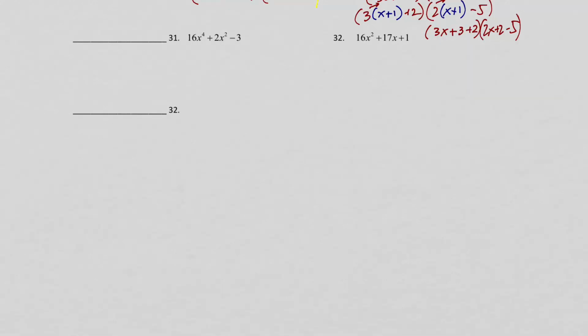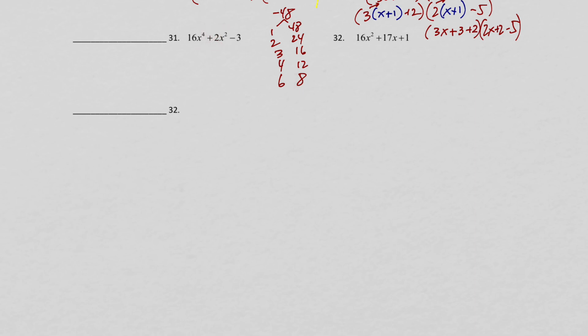Okay, we have a leading coefficient, so I'm going to multiply these two together and I'll get negative 48. Because it's negative, I'm looking for factors that give me a difference of 2. So 6 and 8. Let's say you didn't see 6 and 8. So you just go 1 and 48, that's 47. 2 and 24, that's 22. 3 and 16, that's 13. 4 and 12, that's 8. 5 doesn't go into it. 6 times 8 is 48, and we'll stop right there because that gives us our difference of 2.